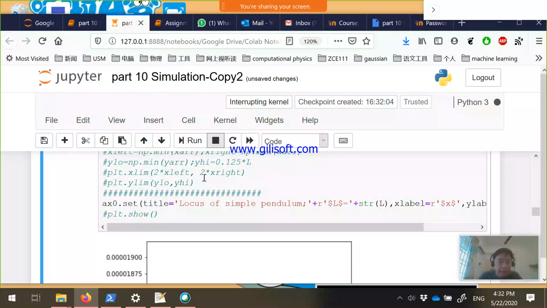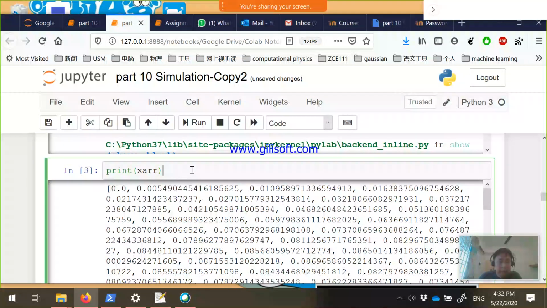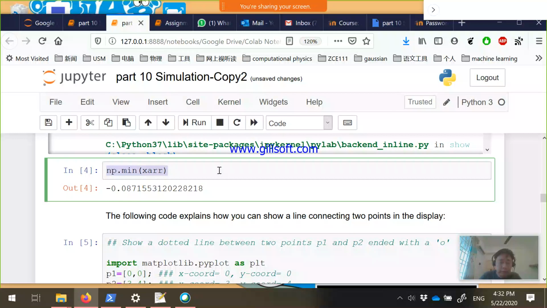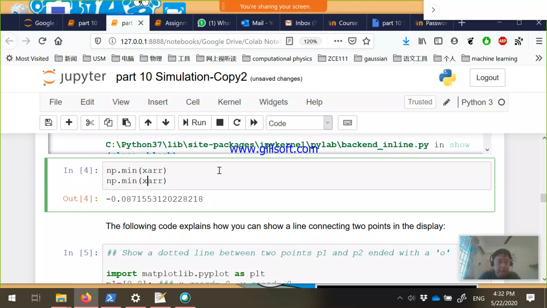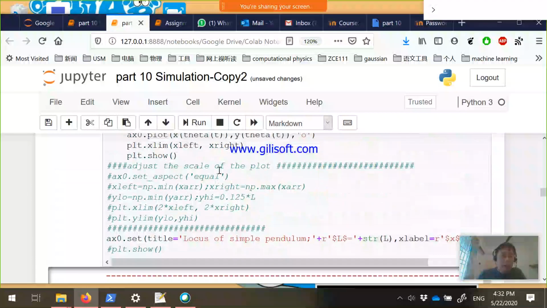So let me stop it. Then this is XARR. So you can say np.min, the minimum of XARR, will give you this number. This will be your x left. Then if you say max, x max, it gives you the x right.